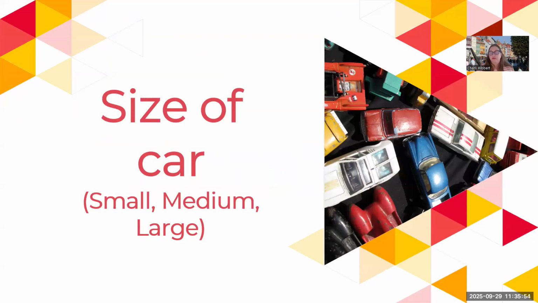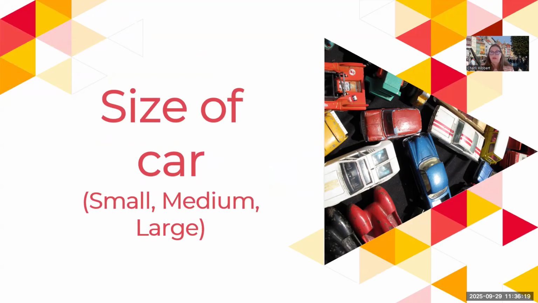Size of the car, small, medium, or large, well, that has a natural order to it. It's subjective. The differences between small and medium and large aren't necessarily the same. One way that I always remember ordinal is I picture a race. In a race, the difference between first place and second place and the difference between second place and third place can be very different.